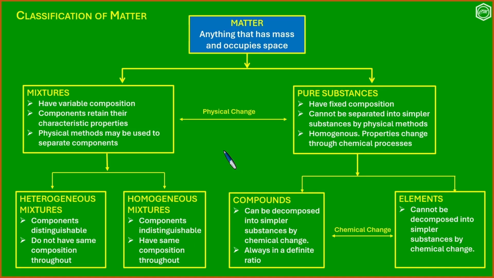Some examples are color, odor, melting point, boiling point, density, etc. The measurement or observation of chemical properties requires chemical change to occur. Examples of chemical properties are characteristic reactions of different substances like combustibility, reactivity with acids and bases, etc.